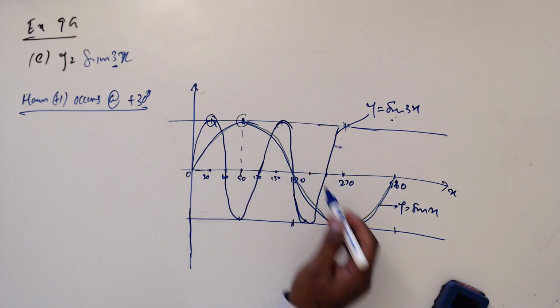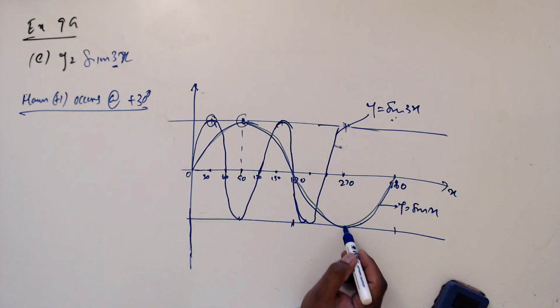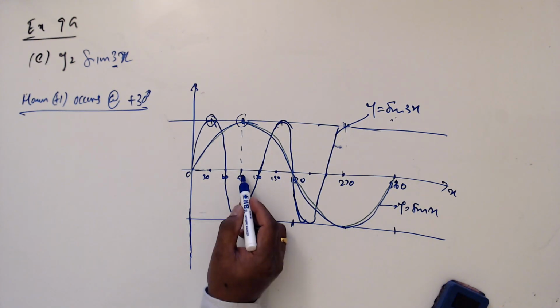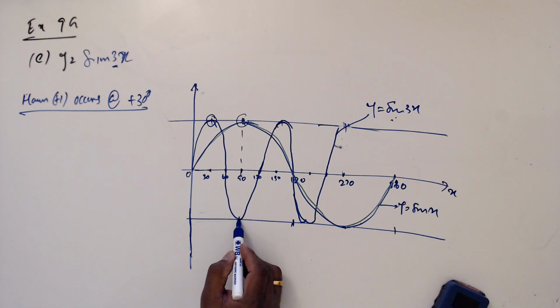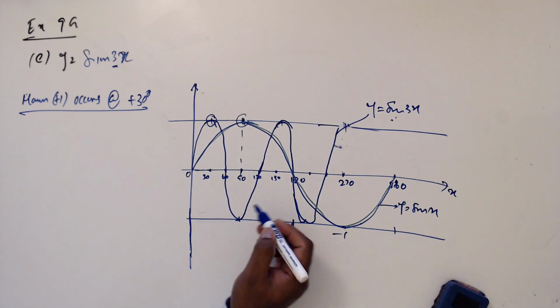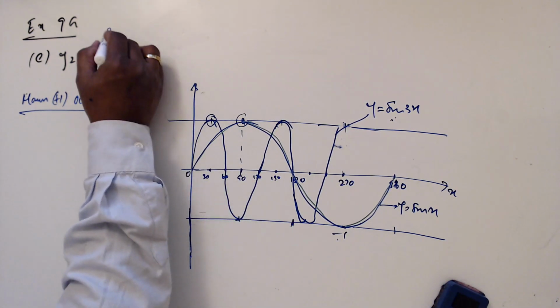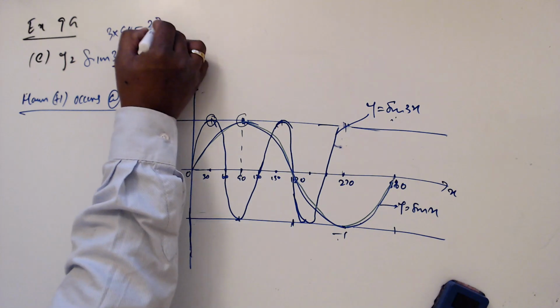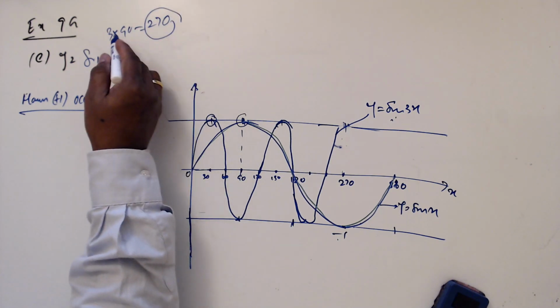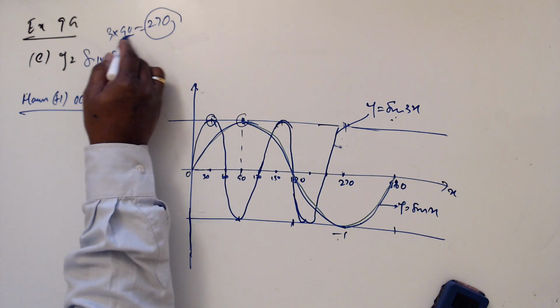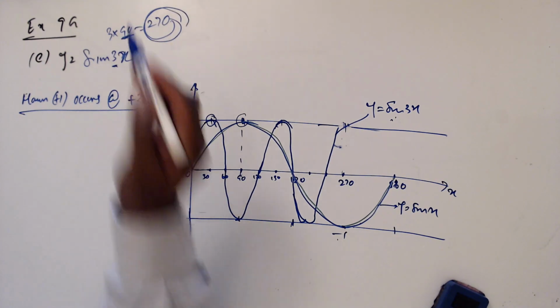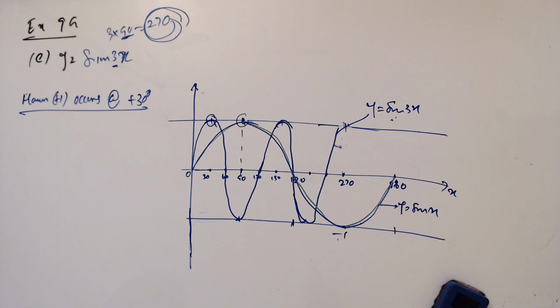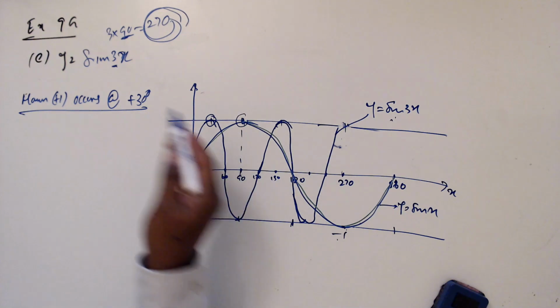In a sine graph, minimum occurs at 270. But the same minus 1 will occur at 90, because 3 times 90 make 270. So when you put x equal to 90, it will show the 270 quality. What is the 270 quality? It is the minimum. So you don't need to put x equal 270.